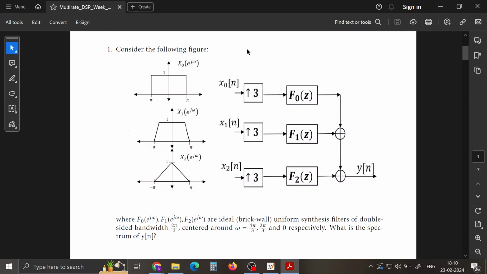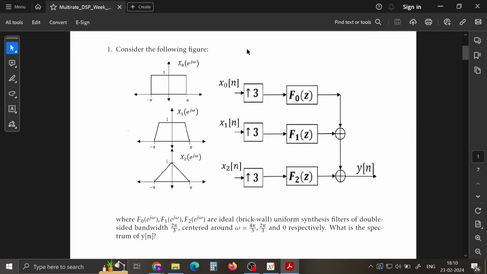Synthesis filters because, as the term suggests, they are used to combine these individual signals to synthesize a new signal. From x0 of n, x1 of n, and x2 of n, we combine them through some processing and filtering to generate a new sequence, y of n. That's why they are synthesis filters.